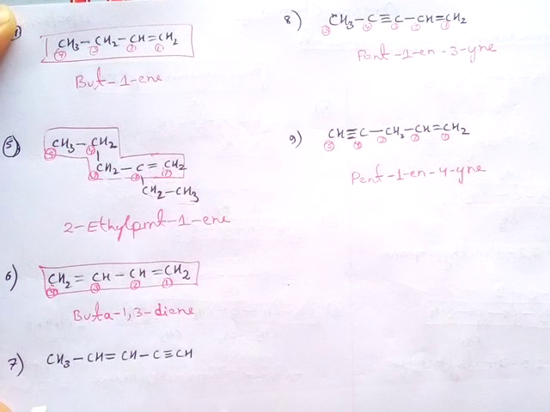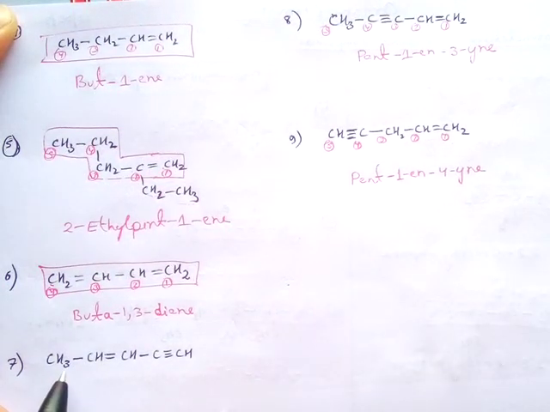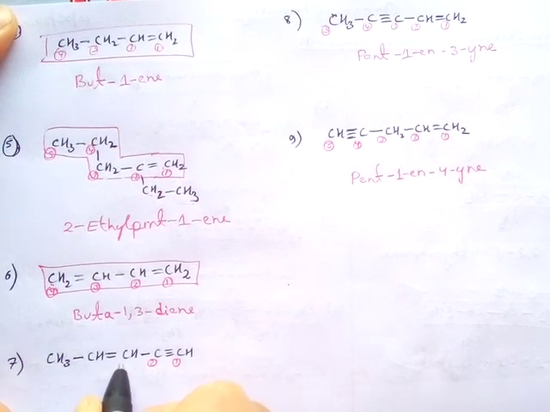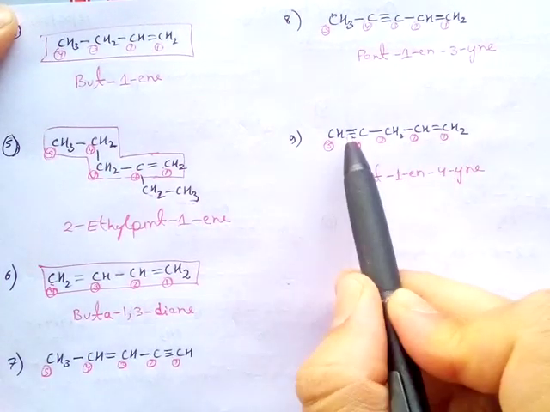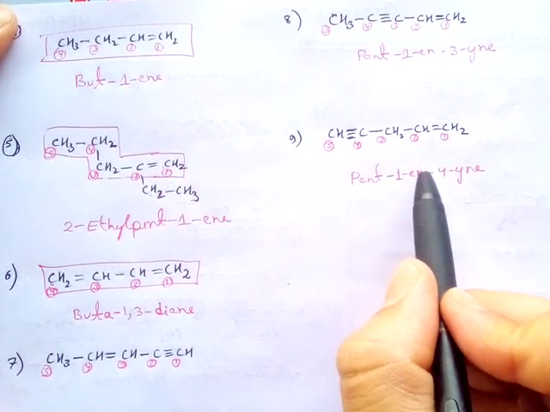Okay, now look at this one. We are already told that the preference will go to the double bond, but here if I count for the double bond, it is at position 2, but the triple bond is at position 1. In this case the preference will go to the triple bond. 1 2 3 4 5. Why? Because at first we are getting any kind of double or triple bond. So don't get confused here. If there is a tie, then only the preference will go to the double bond.